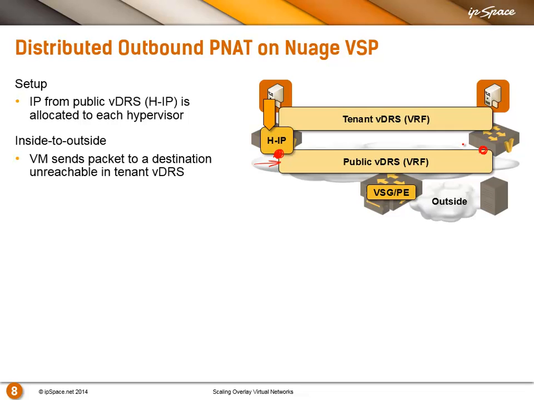Then whichever VM sends a packet to an unreachable destination, a destination that's not in the tenant routing table, that packet hits the default route that pushes it through to the public VDRS through the NAT rule.